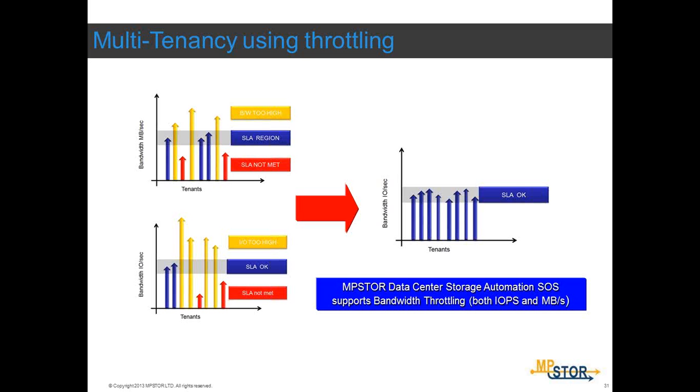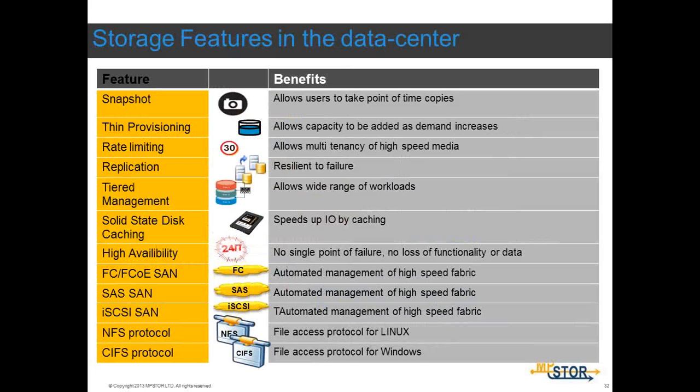We're getting near the end of the webinar, so we're going to try and wrap up here in the next couple of slides. So if we move on to the next slide, another point to consider is that within the data center there are lots of features that need to be implemented for very good reasons. Thin provisioning is an example of a feature which is demanded.